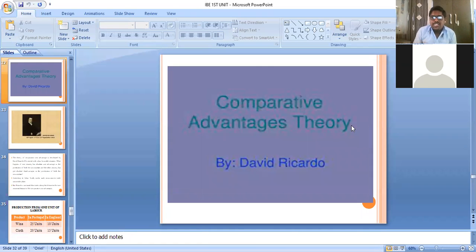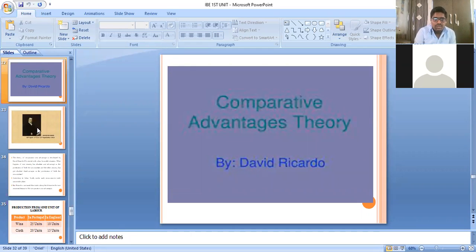Next, we have the comparative advantages theory, which was given by David Ricardo. The first theory was given by Adam Smith, and the next, comparative theory, was given by David Ricardo.